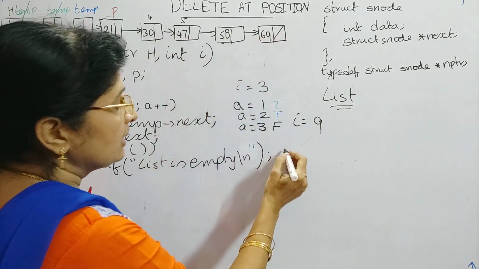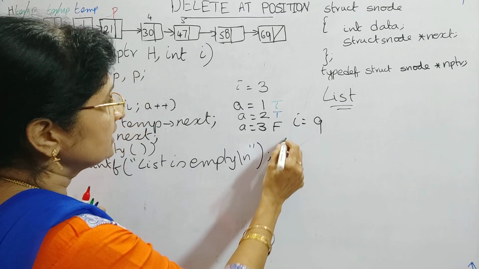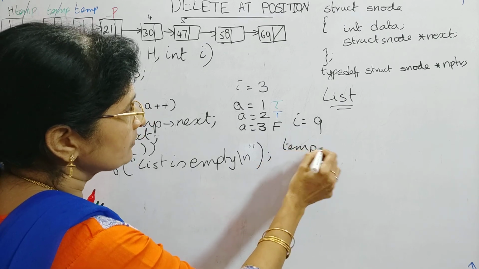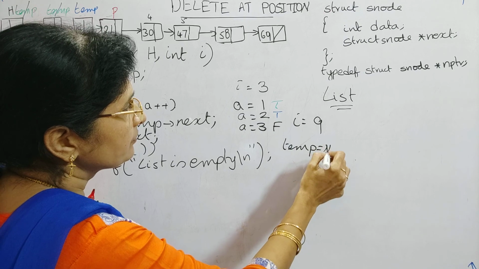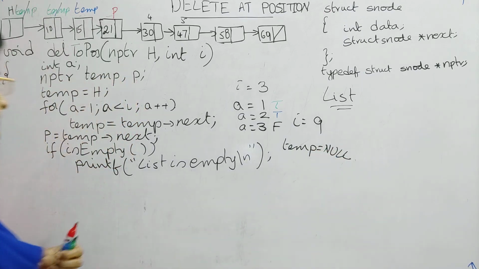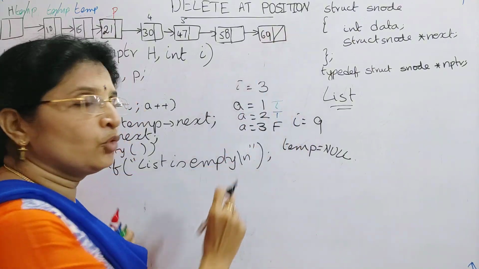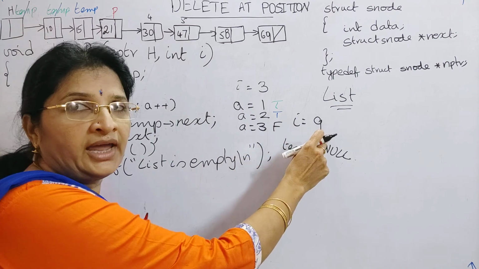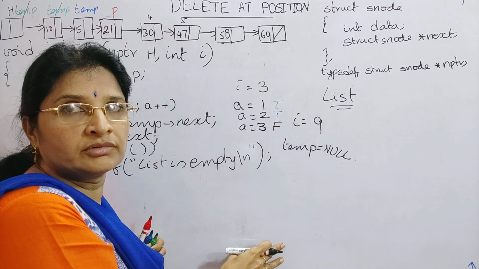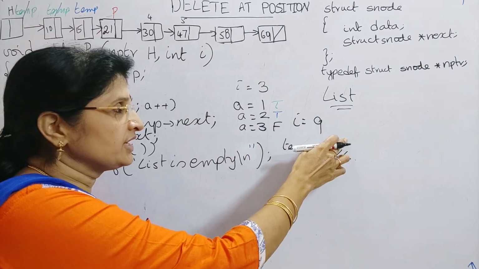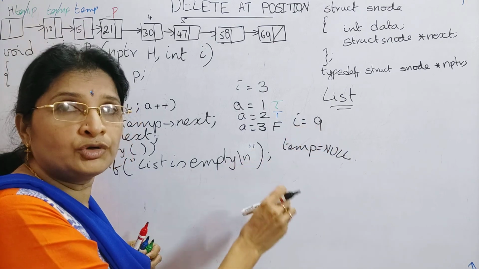At 7 itself, the temp has become null. So in that situation, is there a node to be deleted at position 9? We don't have a node. So all the cases you have to consider here. We don't have a node to be deleted.